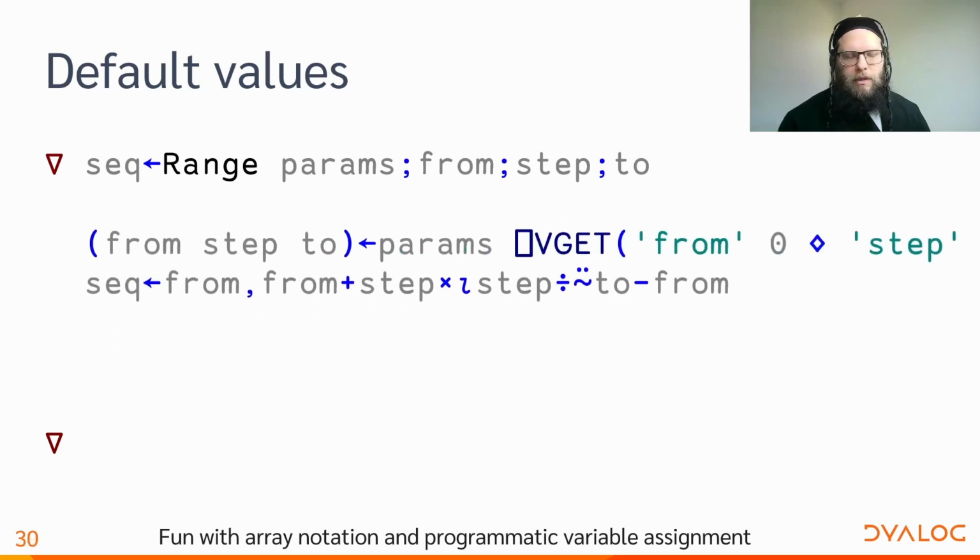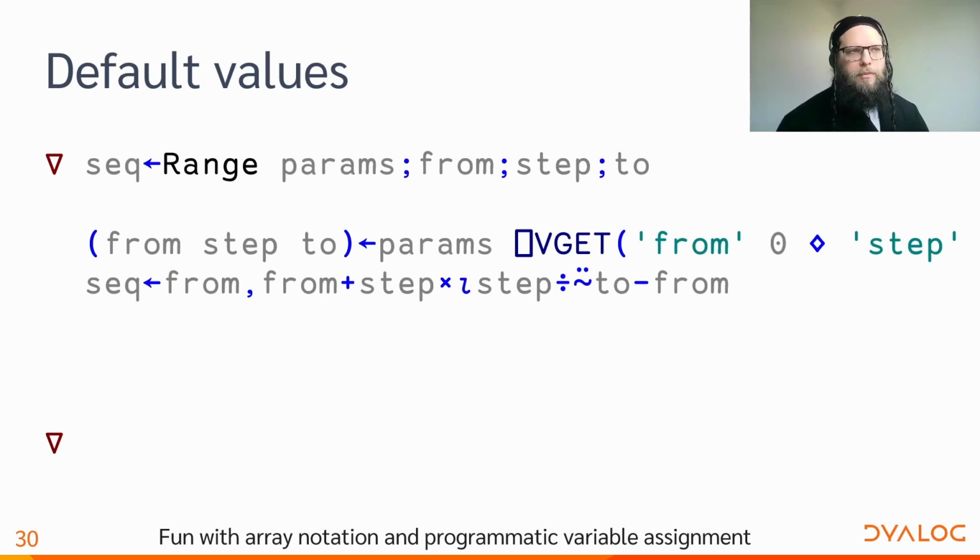Now if we inline that for a moment, then we can look at how we deal with any errors. There could be the error of 2 being missing. That's a value error. But there could also be other errors. If the numbers don't add up, so that the division gives a non-integer value, or if we have a higher starting point than the ending point, so that we try to do iota on a negative value, then we would get domain errors.